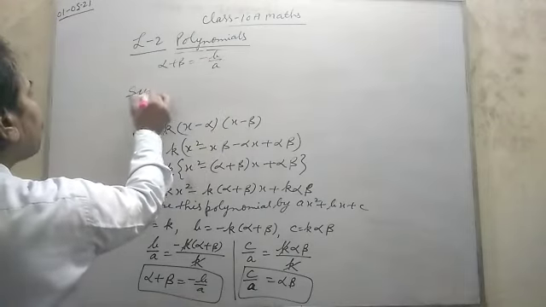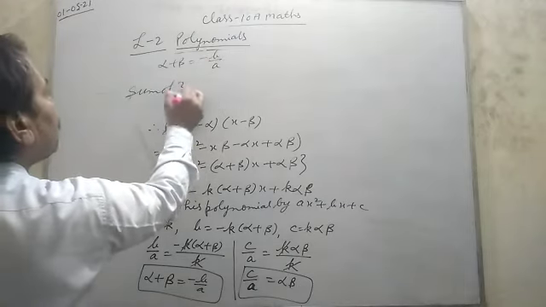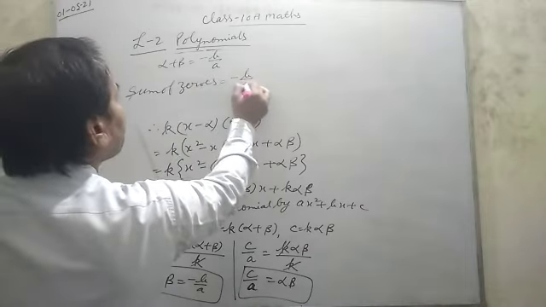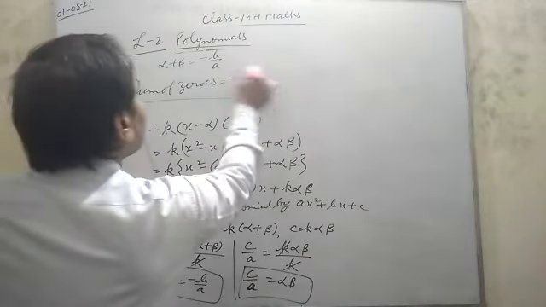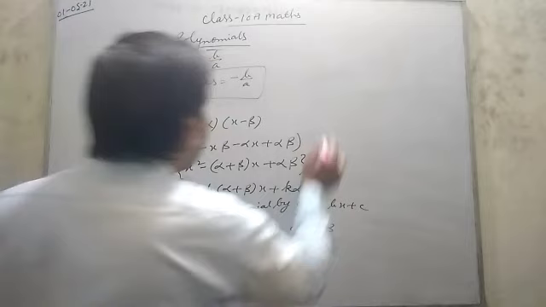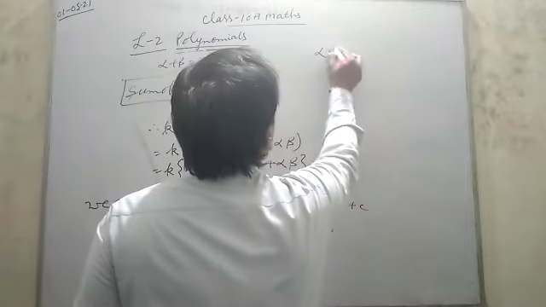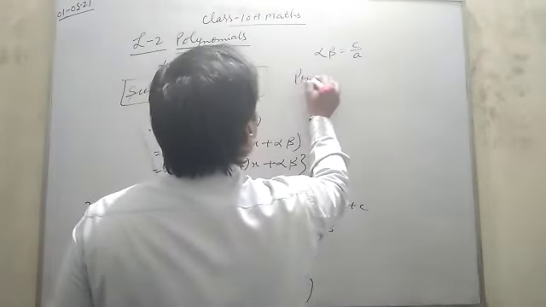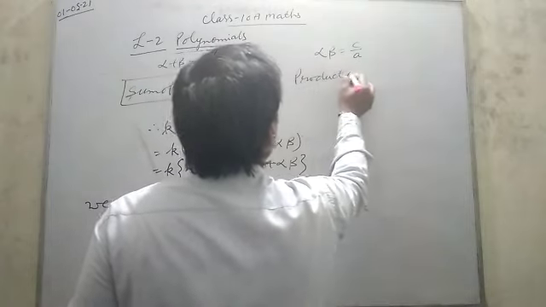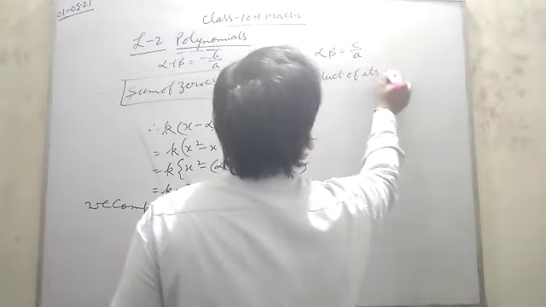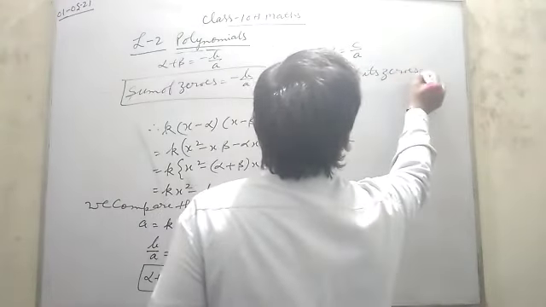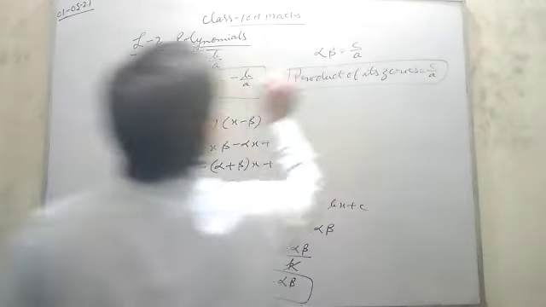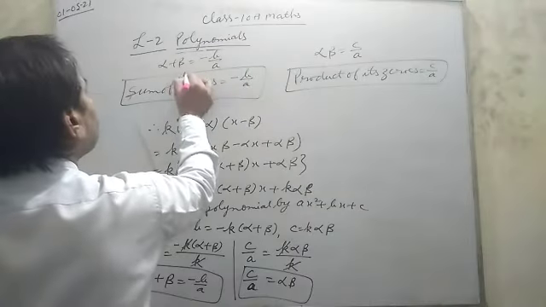Alpha plus beta is called the sum of zeros, equal to minus b upon a. And alpha beta is called the product of its zeros, equal to c upon a.